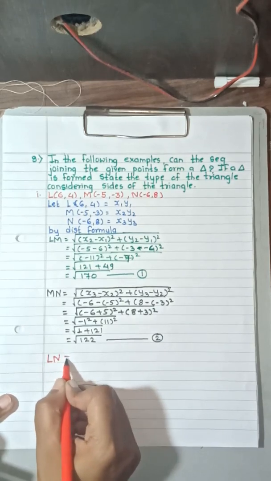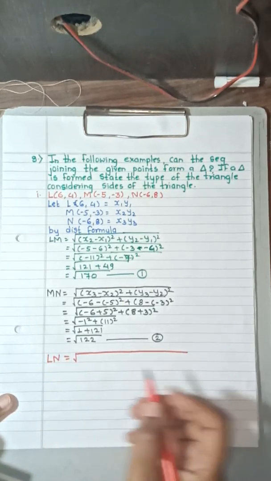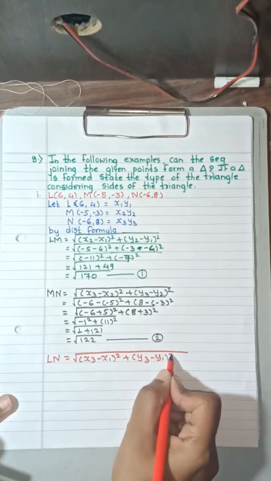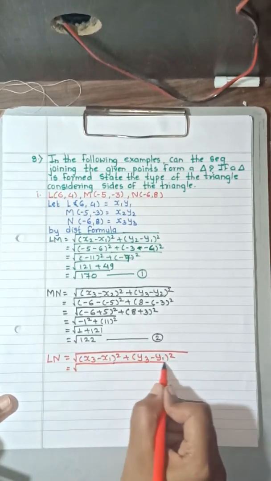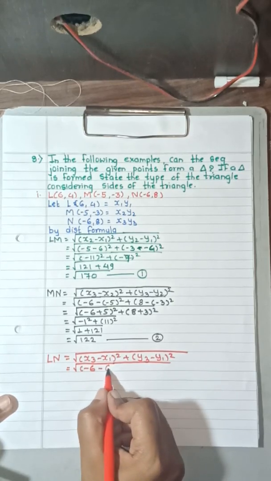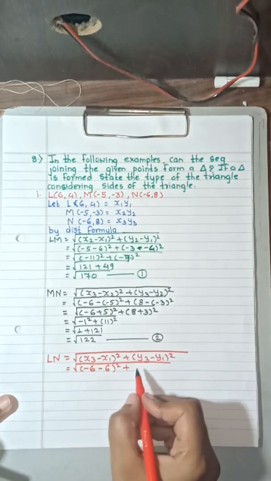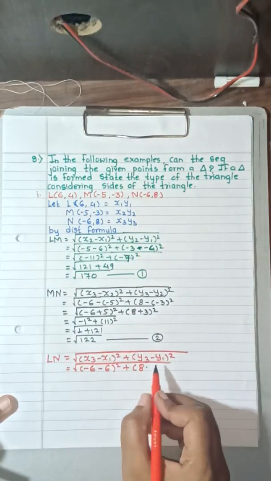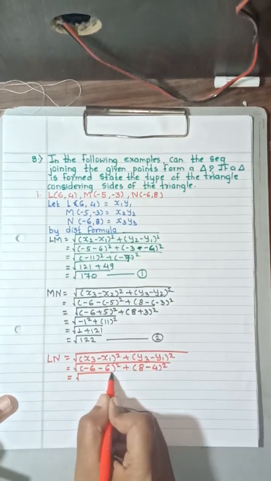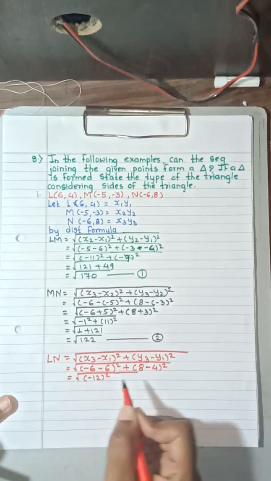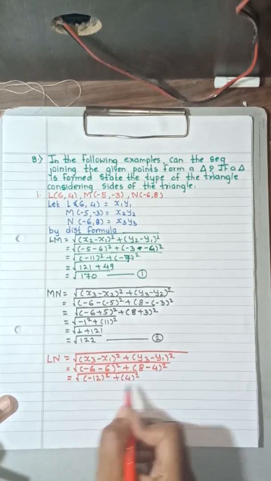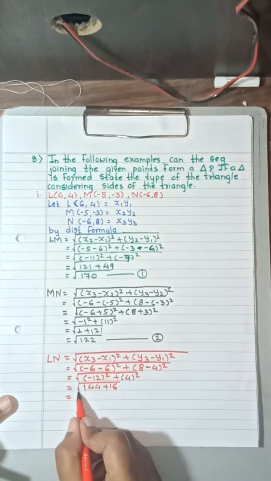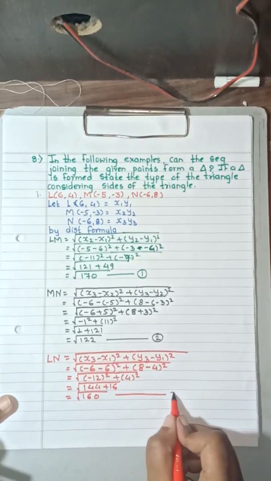LN is equal to under root of (x3 minus x1) bracket square plus (y3 minus y1) bracket square. x3 is -6 and x1 is 6, bracket square, plus y3 is 8 and y1 is 4, that is (-12) square plus 4 square, that will be under root of 144 plus 16, that is equal to under root of 160, and this is your equation 3.